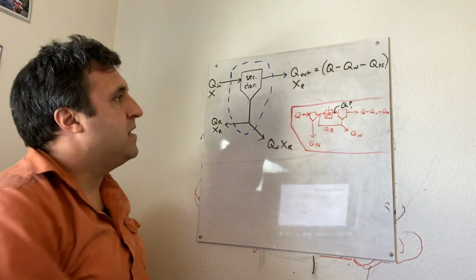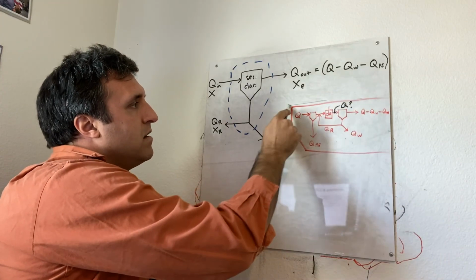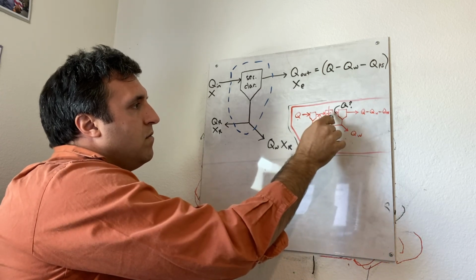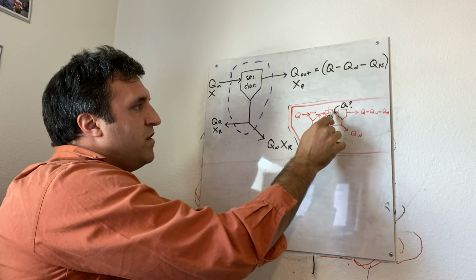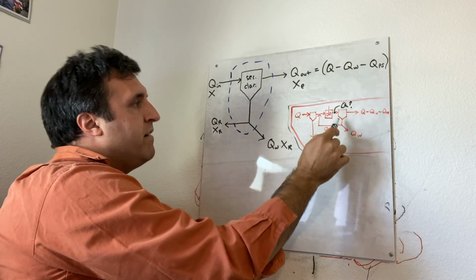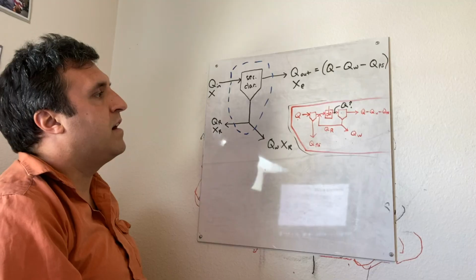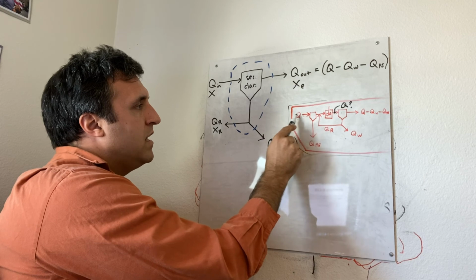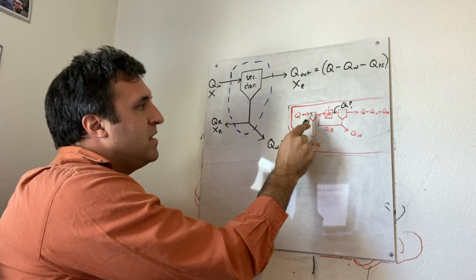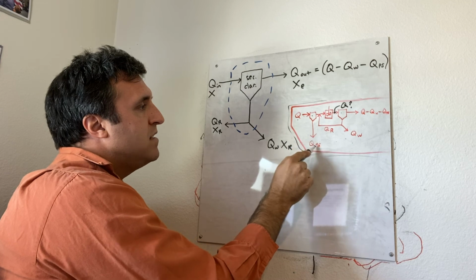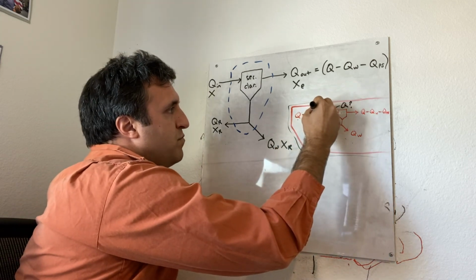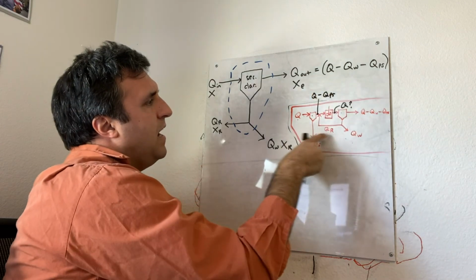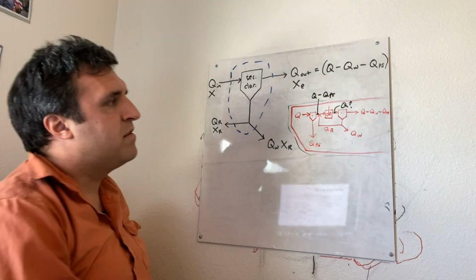So if we look at our overall system here, right, we've got Q coming in. What we're interested in right here is this flow rate between the aeration tank and the secondary clarifier. So if we follow Q throughout the system, coming in, we just call it Q. Leaving in the liquid effluent of this primary clarifier, it's really Q minus QPS. So at this point right here, it's Q minus QPS. And then we're adding back the flow rate of the return activated sludge.